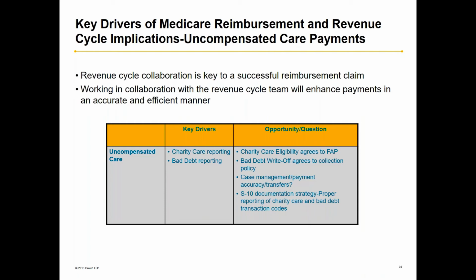And obviously they're going to ask you for it during the audit, but now going forward for cost reports that begin after October 1st of 2018, the listings have to be filed with the cost report, or it is a reason for the cost report to be rejected if that S-10 listing does not go with the cost report.